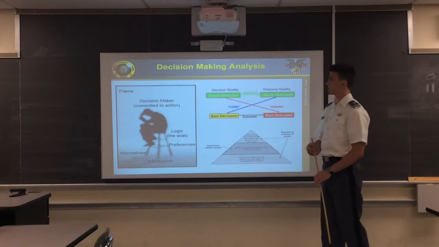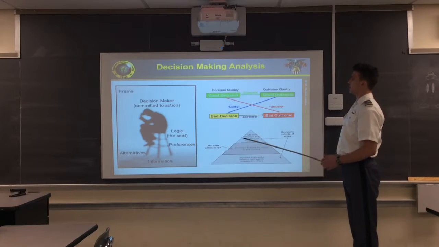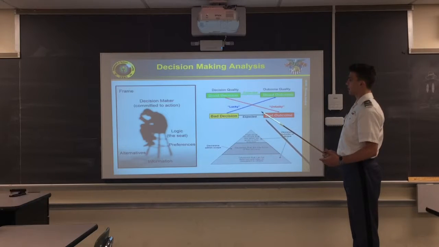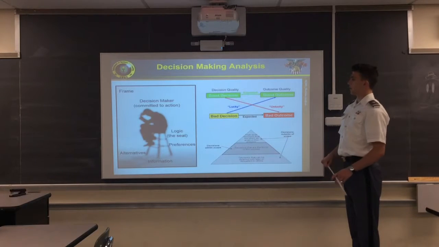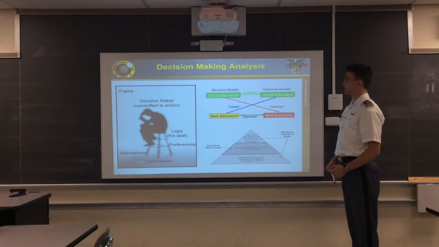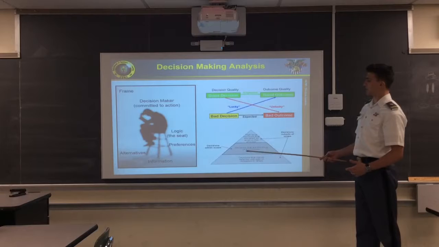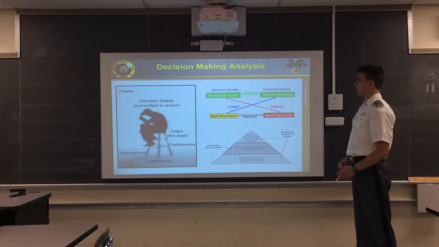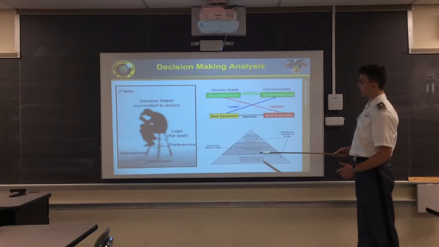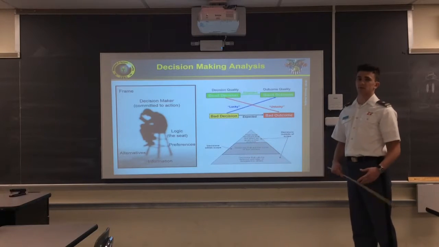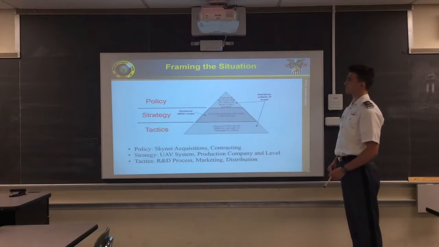While we can't guarantee you a good outcome, because we might be unlucky or we might be lucky, we can guarantee that you're going to get a good decision with our company. And down here, we have the different levels of the decision. We're trying to stay within the scope here, but you also have policy level decisions and tactical level decisions that we'll get into on the next slide.